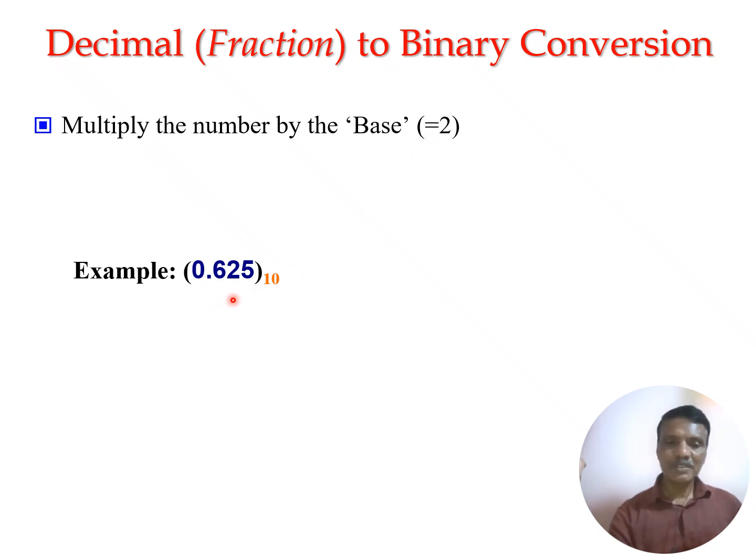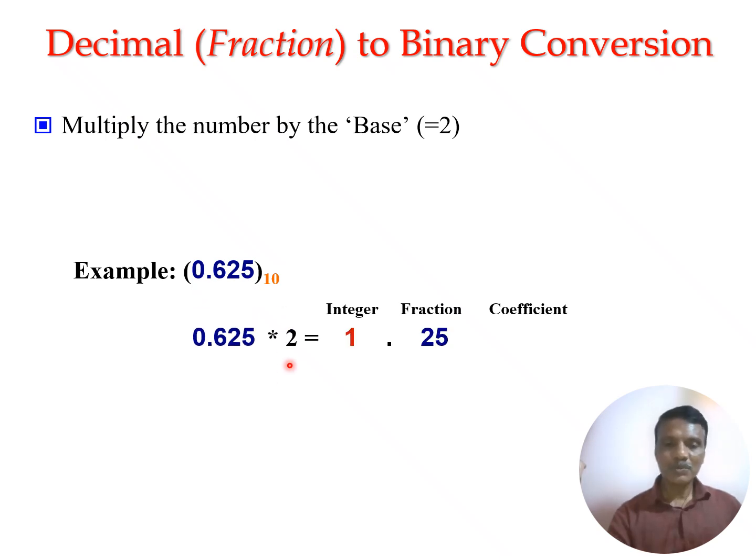So 0.625 into 2, that is 1.25. So 1 is the integer part and 0.25 is the fractional part.